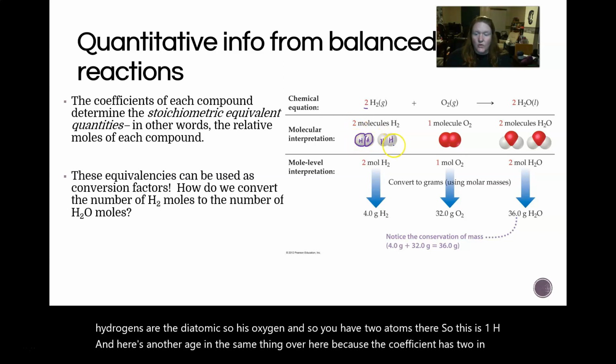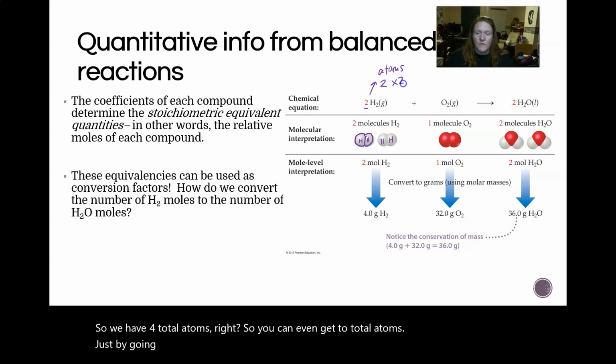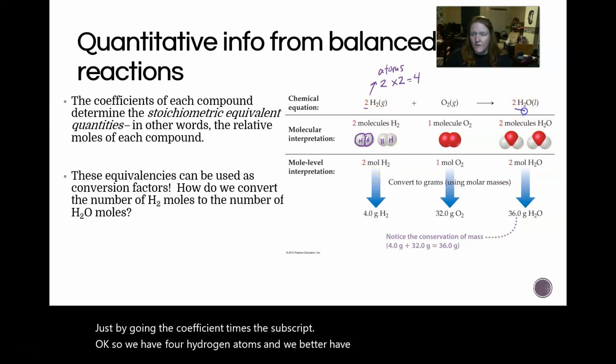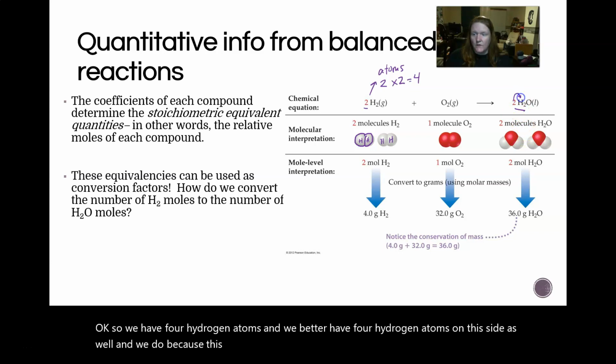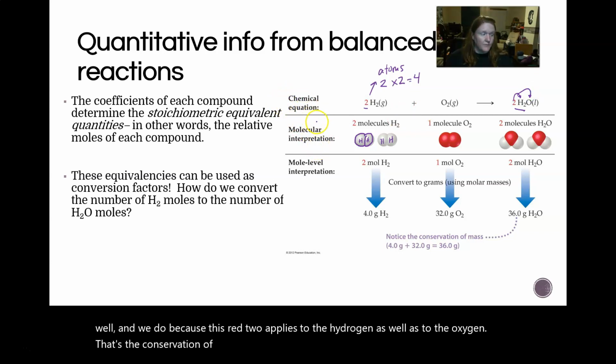So we have 4 total atoms, right? So you can even get to total atoms just by going the coefficient times the subscript. Okay? So we have 4 hydrogen atoms, and we better have 4 hydrogen atoms on this side as well. And we do, because this red 2 applies to the hydrogen as well as to the oxygen. That's the conservation of mass that Lavoisier was talking about in the beginning.